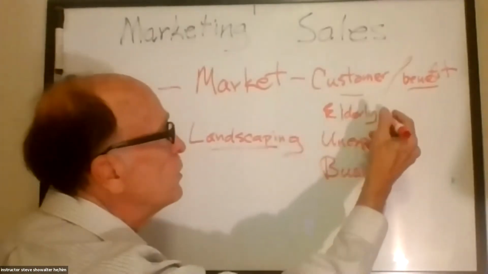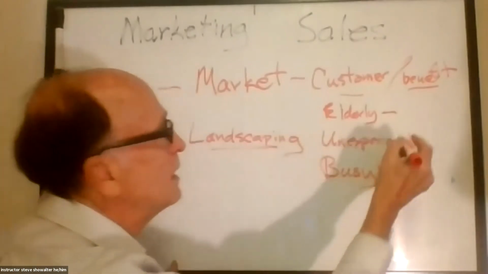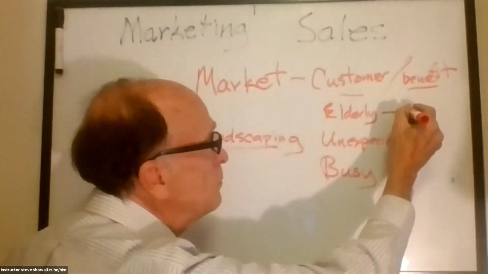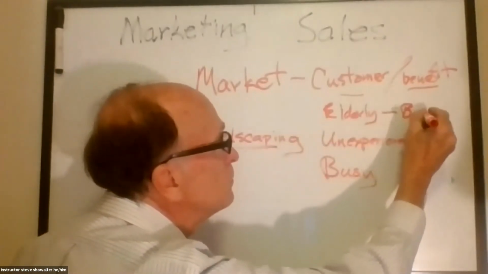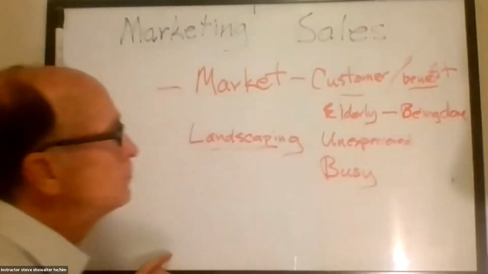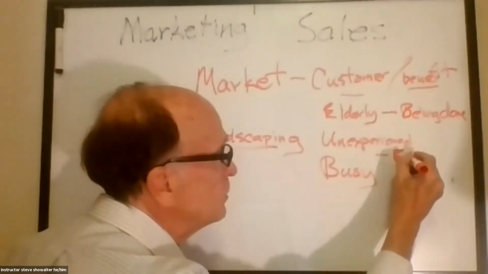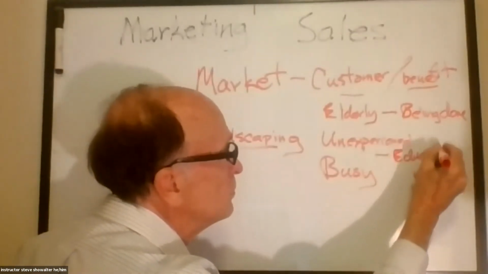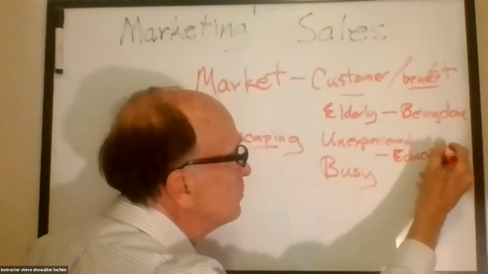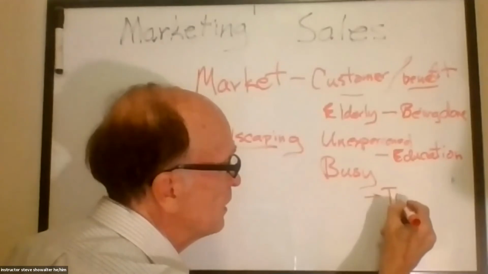What I'm going to do for the elderly is I'm going to provide the benefit of it being done. For the unexperienced, I may be providing education. For the busy, I'm going to be providing time savings.